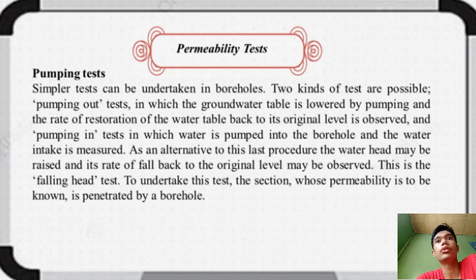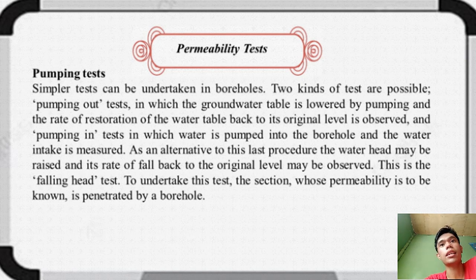So simpler tests can be undertaken in boreholes, and two kinds of tests are possible. So from diri po sa pumping test kay naa siya pumping out test in which the groundwater table is lowered by pumping and the rate of restoration of the water table back to its original levels is observed.